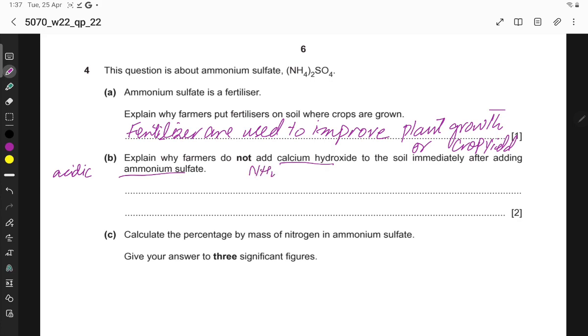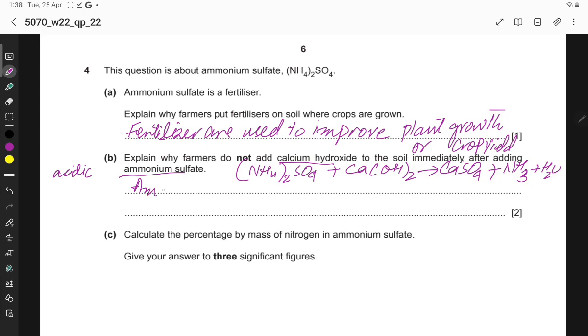If we add calcium hydroxide immediately after fertilizer, it forms calcium sulfate, ammonia gas, and water. So no need to write down chemical equations, just write down that ammonia is produced.